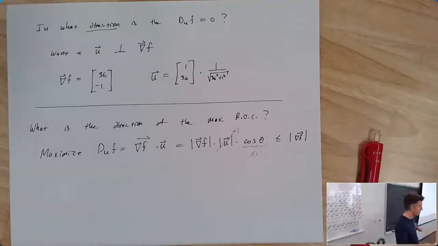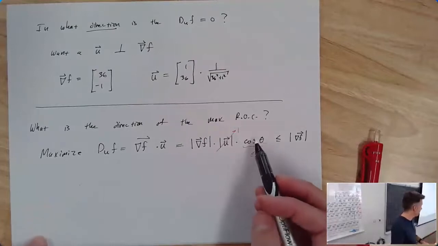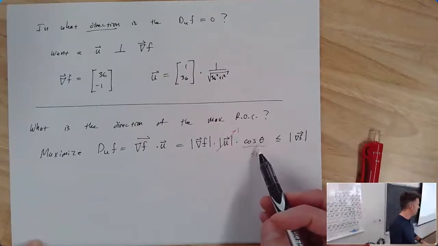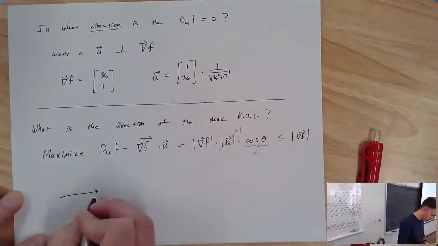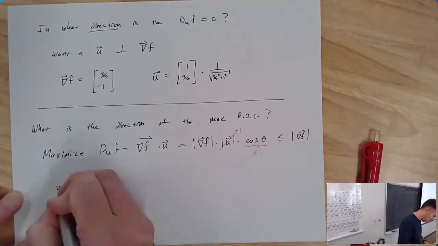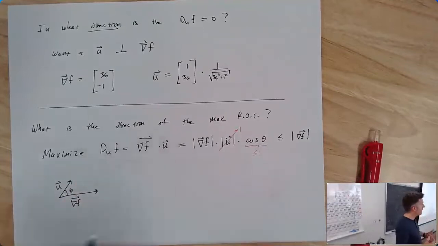And that's going to be the case when this angle theta is what? What angle do you need for cosine to equal 1? 0. So you've got your gradient vector and your direction vector, and you get the maximum rate of change when the angle between these two vectors is nothing, in other words, when they point in the same direction.